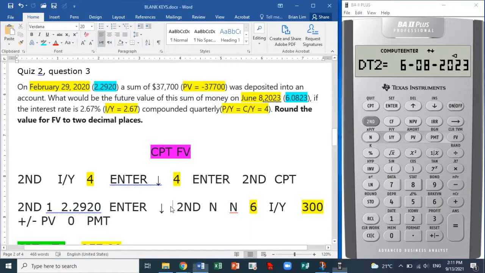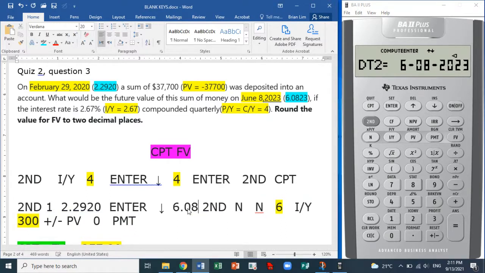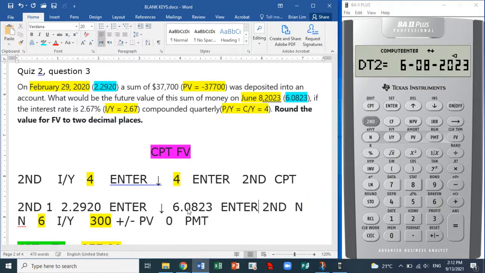All right, so enter, down we go, and then we put in 6.0823. And we also put in enter. All right, and that will do that job. So we still have more to do.